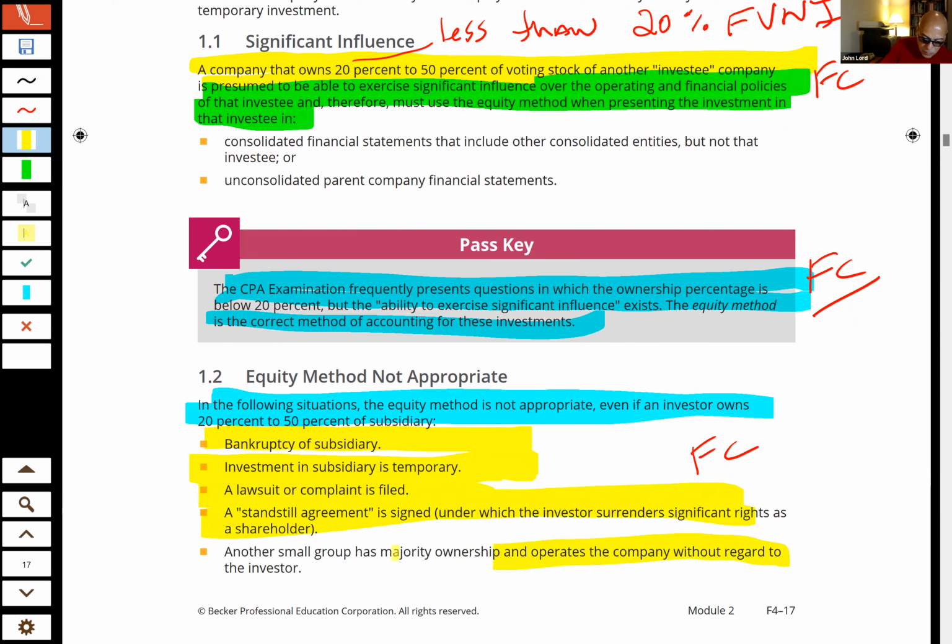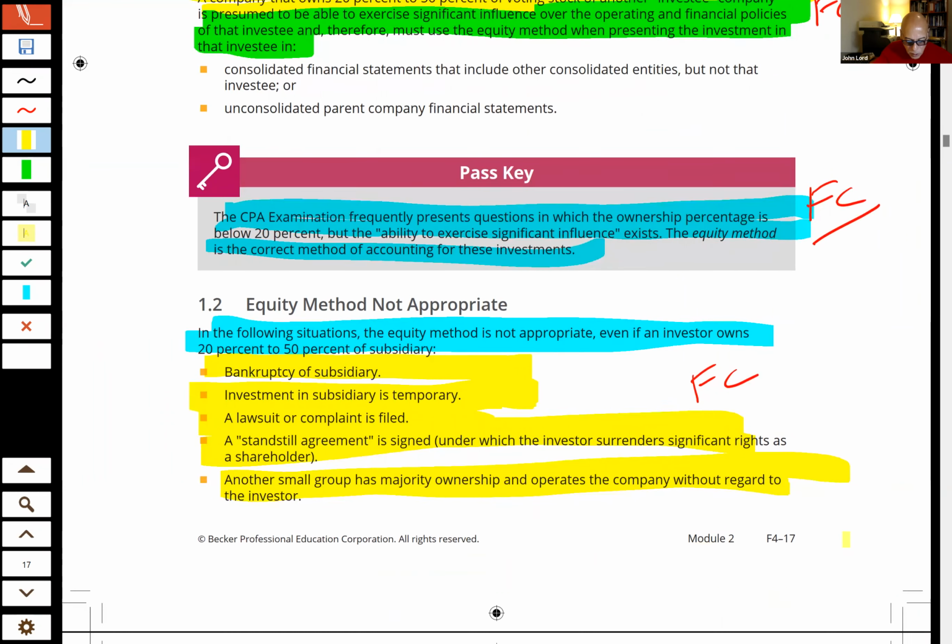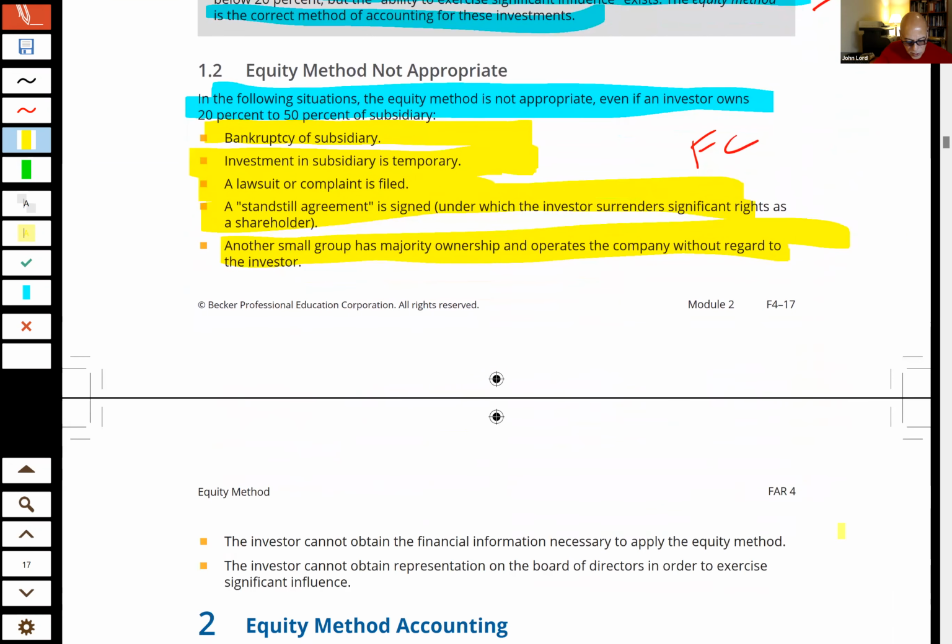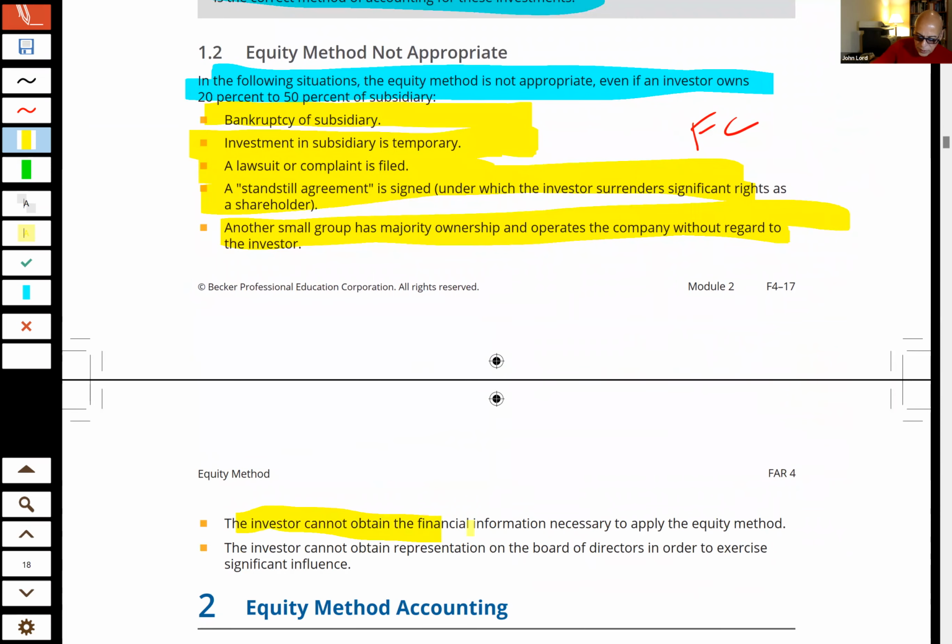Another small group has a majority, for example somebody else holds 30, 40%, whatever. Continuing on the next page, the investor cannot obtain the financial information to use the equity method. The investor cannot obtain representation on the board of directors to exercise significant influence. So flashcard those instances because they do like to put those in questions.